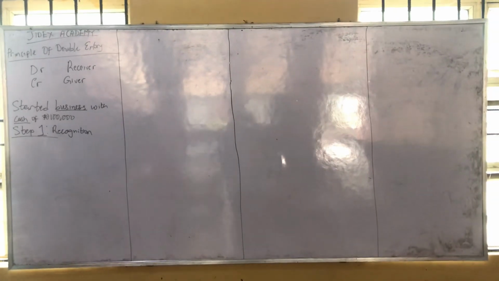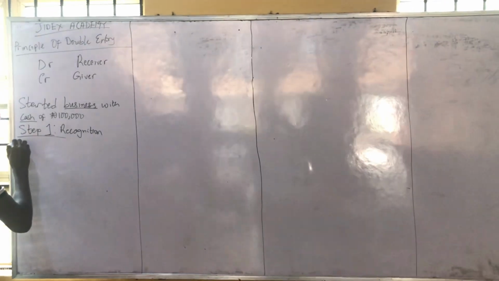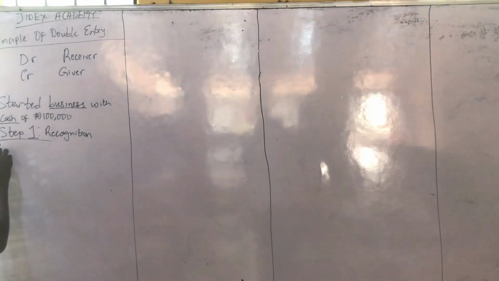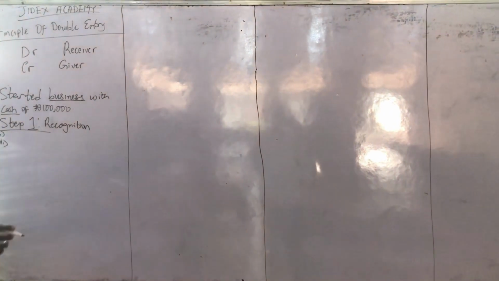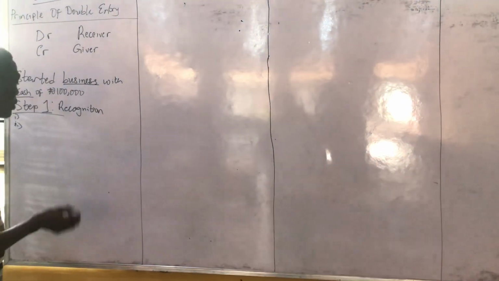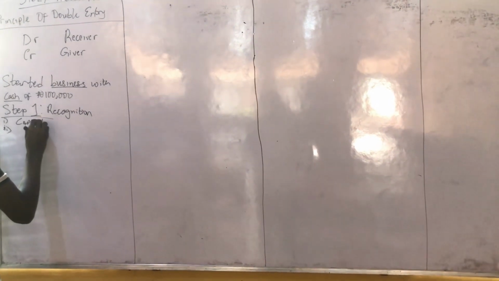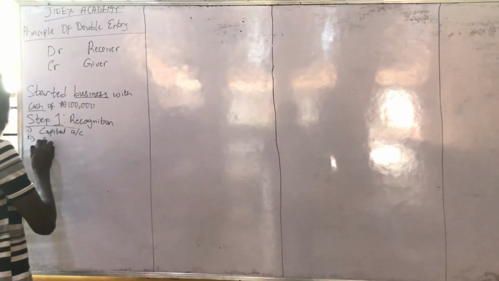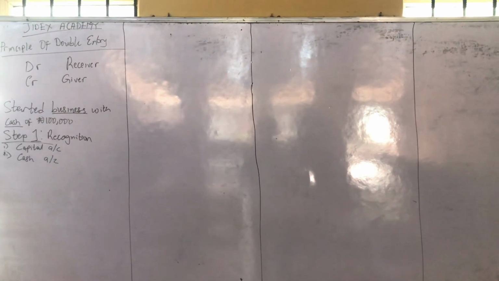Those are the two parties involved in this transaction. Let's name them. What do we represent the business name with? We represent it as equity, or you can also call it capital. So the capital account and the cash account. That is step one.